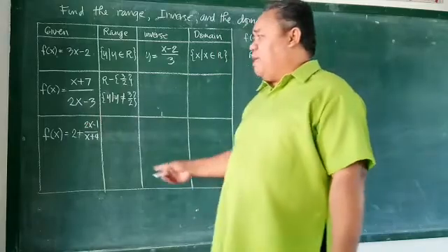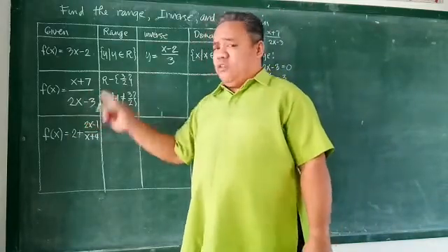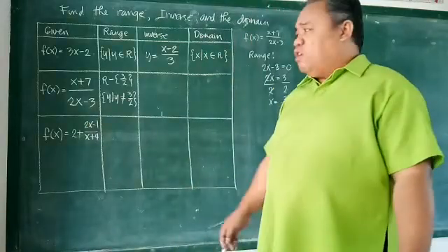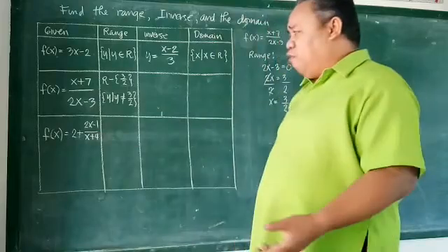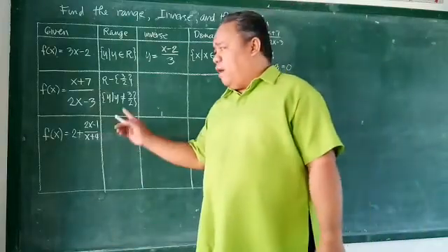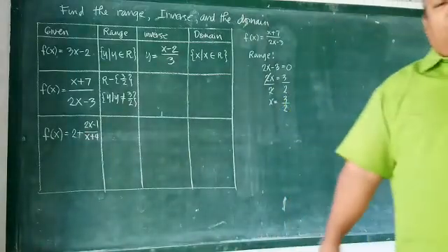Tingnan nyo, if you replace x by 3 over 2, the value of the denominator is 0. So it means this is restricted. Hindi pwede ang 3 over 2 dyan kasi magiging undefined yung equation mo.